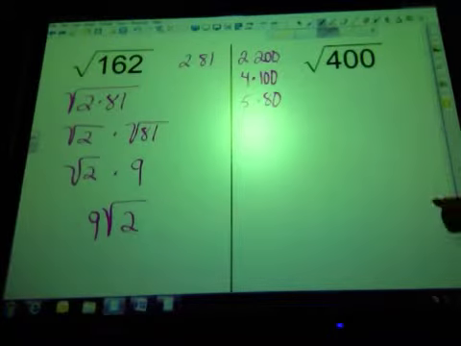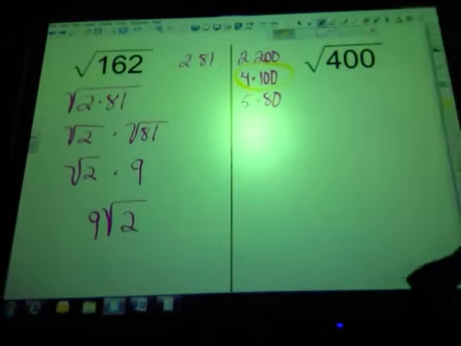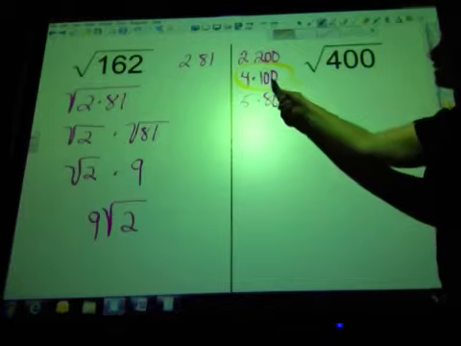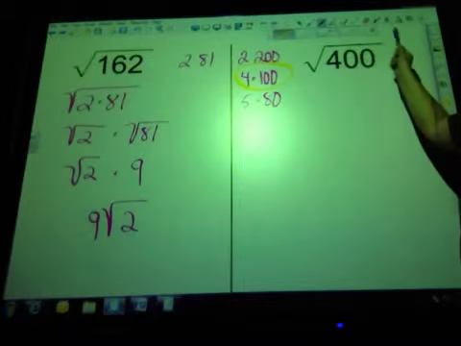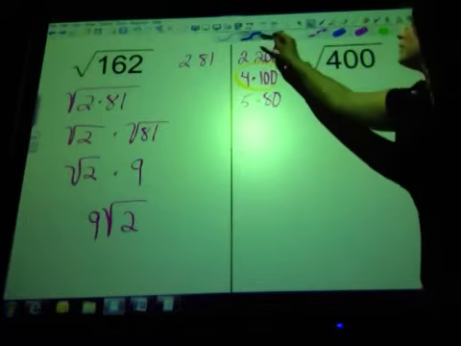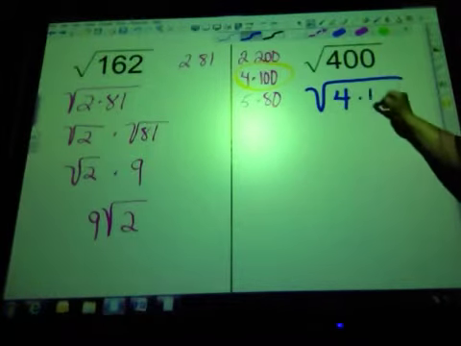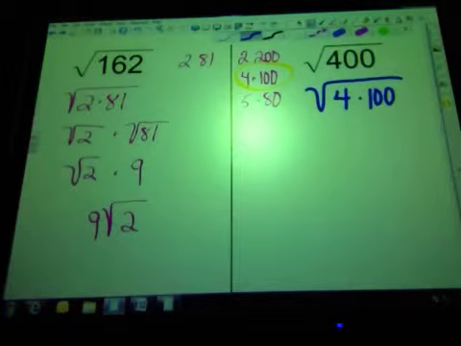So I'm going to actually choose 4 times 100 to use, because 4 and 100 are both square numbers, so I should be able to break this one down quite a ways. Instead of square root of 400, we're going to do square root of 4 times 100 underneath there.